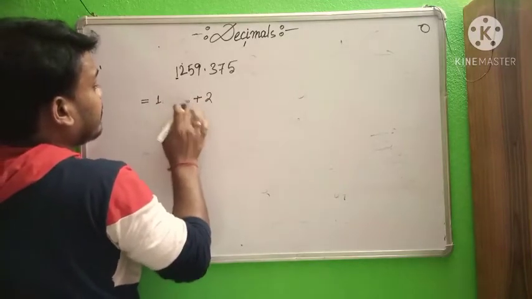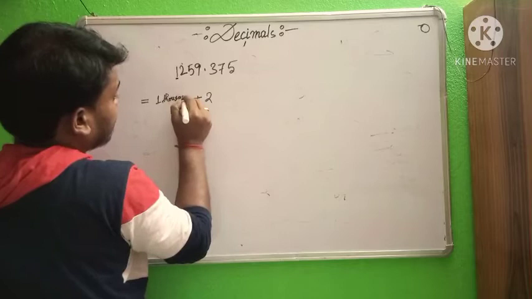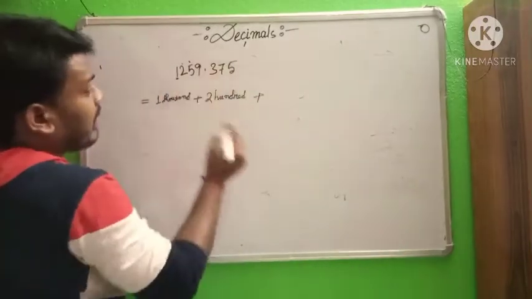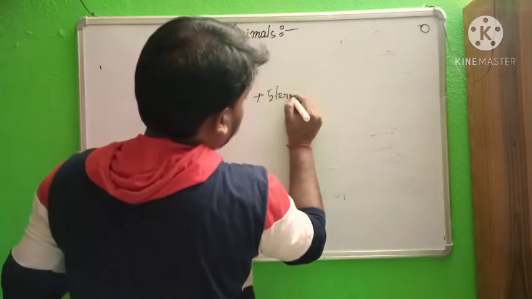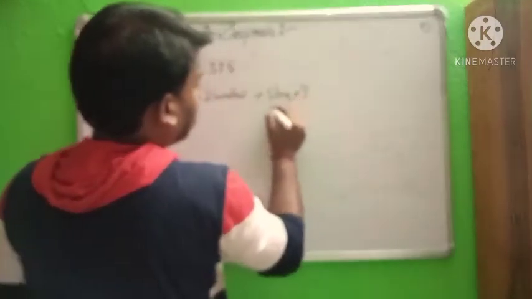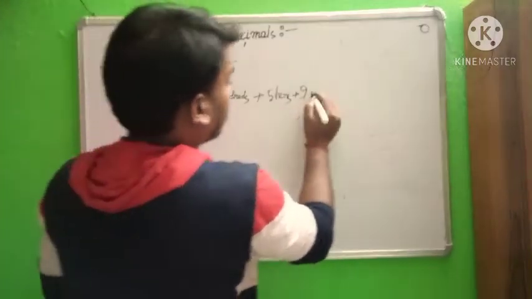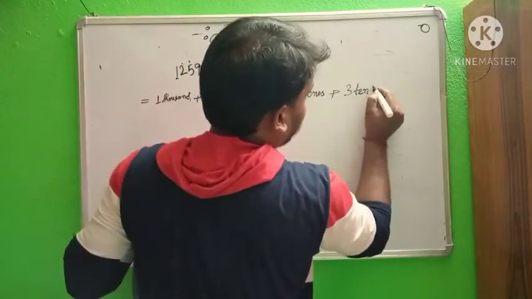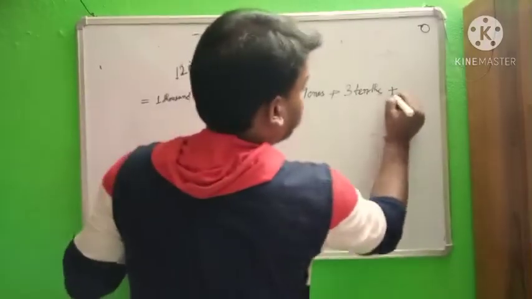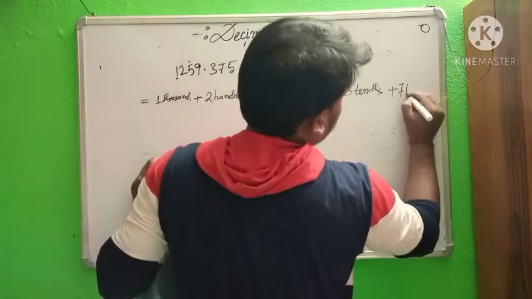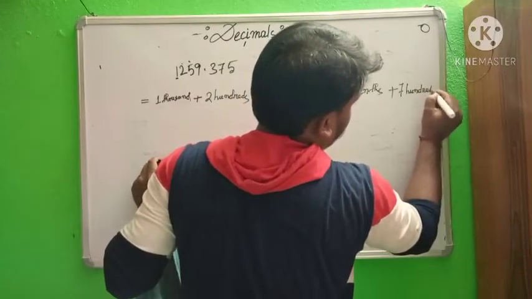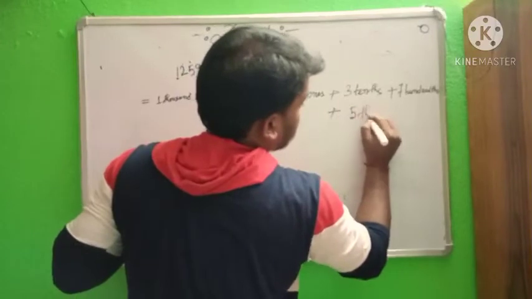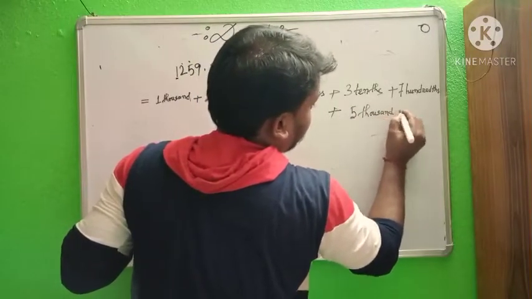Sorry, it is 1000. 1000 plus 200, the place value of 2 is 200, plus place value of 5 is 5 tens, plus 9 ones, plus place value of 3, 3 tenths, plus place value of 7, 7 hundredths, plus place value of 5 is 5 thousandths.